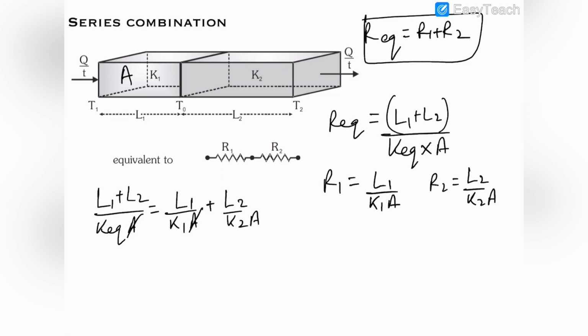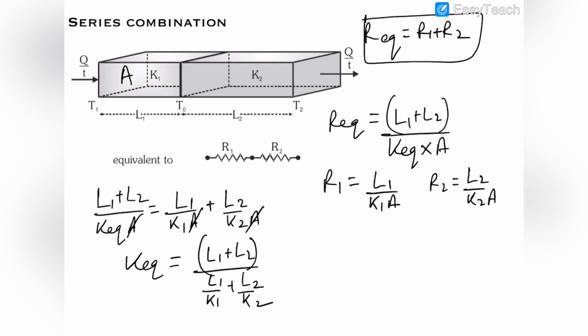Cancelling A with A, K equivalent is equal to L1 plus L2 upon L1 by K1 plus L2 by K2. Now if L1 is equal to L2, K equivalent will be equal to 2 K1 K2 divided by K1 plus K2.